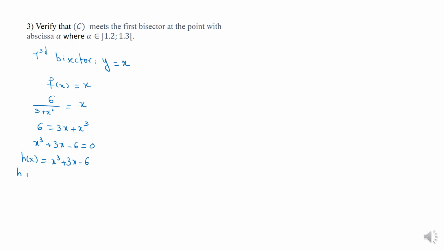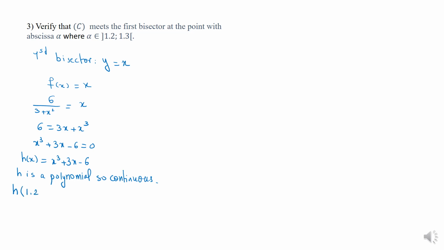H here is a polynomial, so it is continuous, and this is the first condition for applying the theorem. Now the second is if h changes sign.